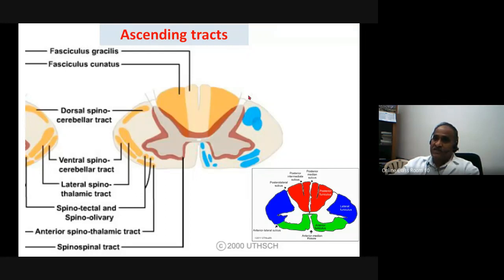These red areas constitute spinospinal fibers, the spinospinal tracts.